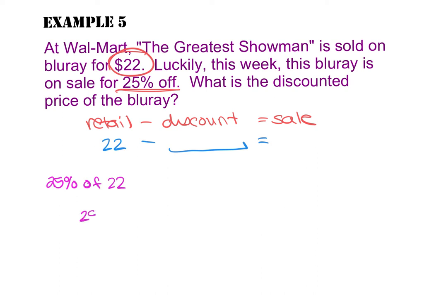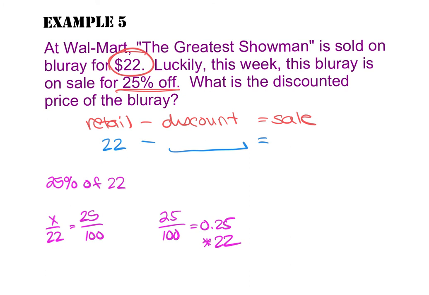So I need to find 25% of 22. We can do that again using one of two strategies. We can do 25 over 100 and set that equal to x over 22. Or we can take 25 over 100, that gives us 0.25, and then multiply 0.25 by 22, because that will give us 25% of 22.